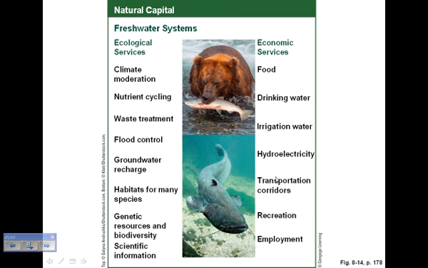All nutrient cycles eventually flow through the aquatic systems, and in particular with the freshwater systems, you have a lot of exchange of nitrates and phosphates in the photosynthetic zones.